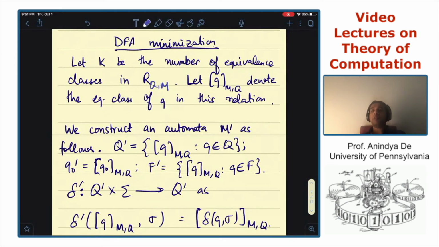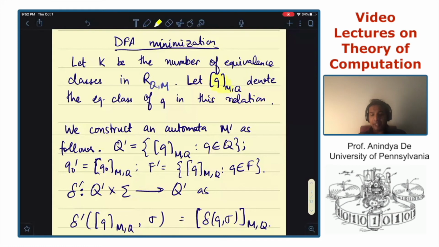Let K be the number of equivalence classes in R_{Q,M}. We will assign a state in the DFA for each equivalence class in R_{Q,M}. Okay, so let the bracket denote the equivalence class of q in the equivalence relation R_{Q,M}.